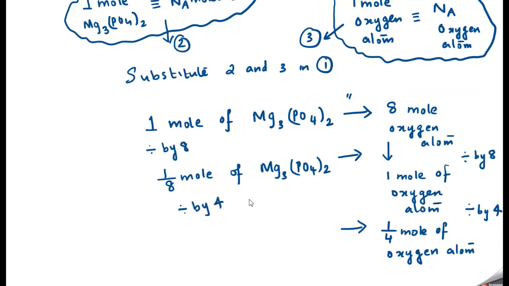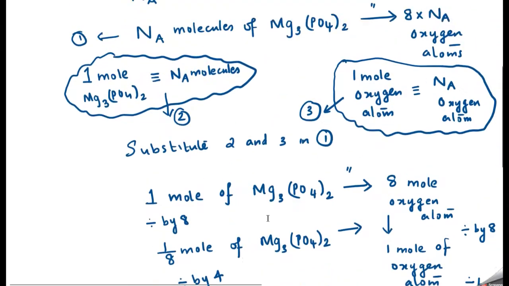So 1 by 8 divided by 4 becomes 1 by 32 mole. I got the answer: 1 by 32 mole of magnesium phosphate, Mg3(PO4)2. So 0.25 mole of oxygen atom is present in 1 by 32 mole of magnesium phosphate.